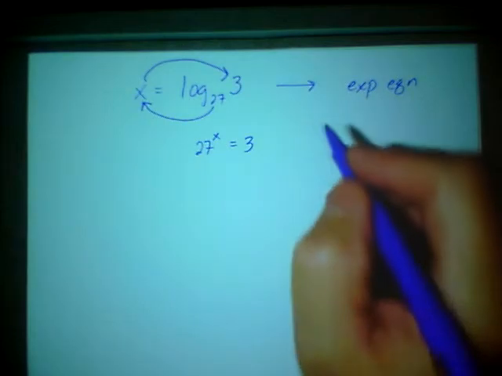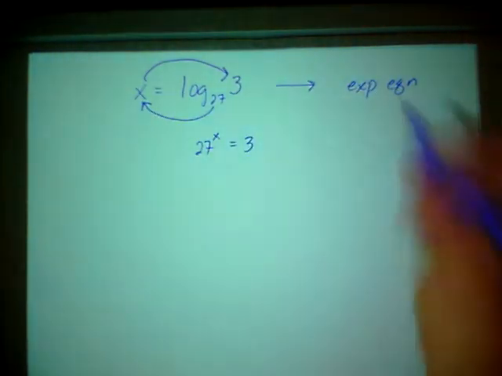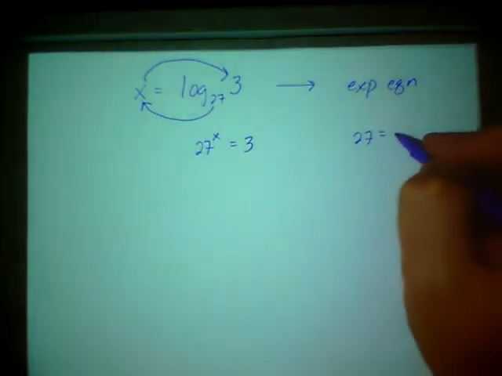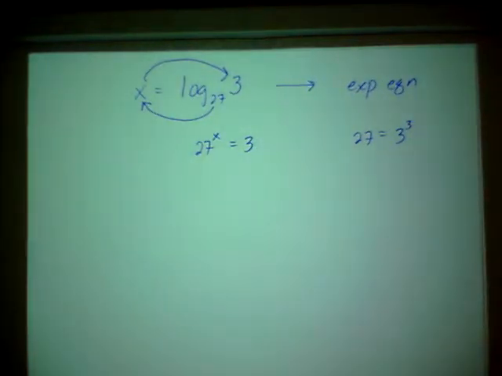And then you realize to yourself that 27 equals 3 cubed. And there's actually two ways to go about solving this.